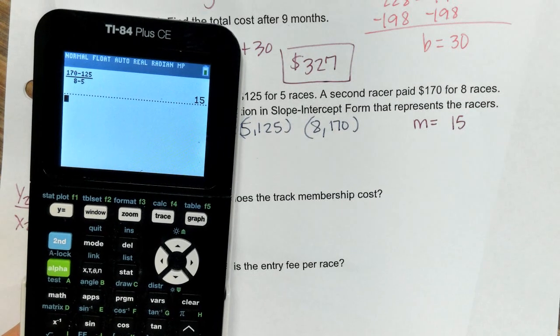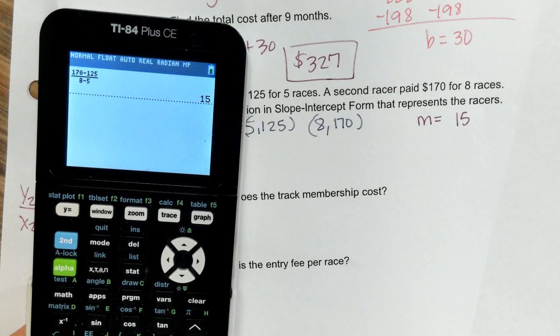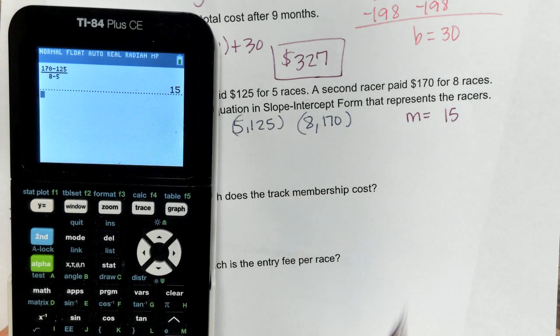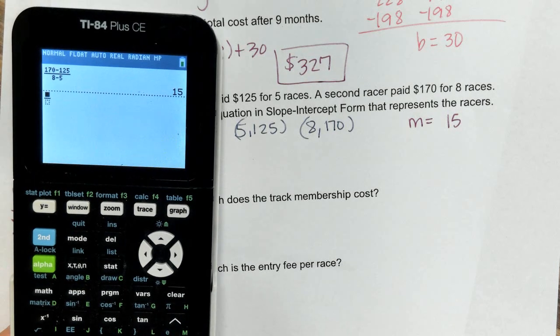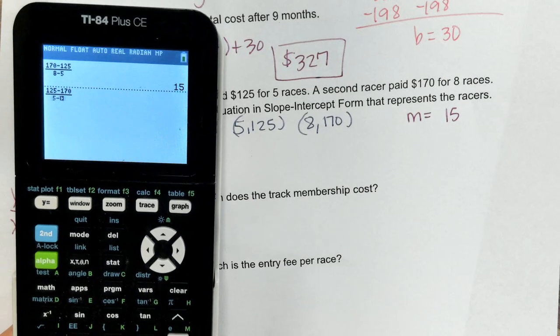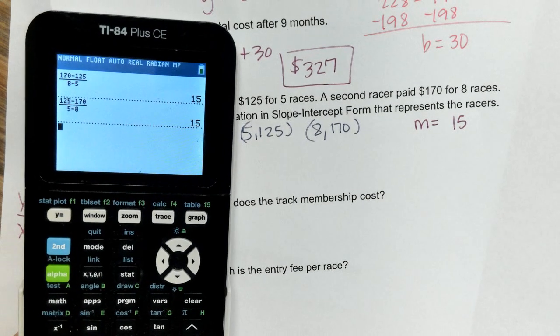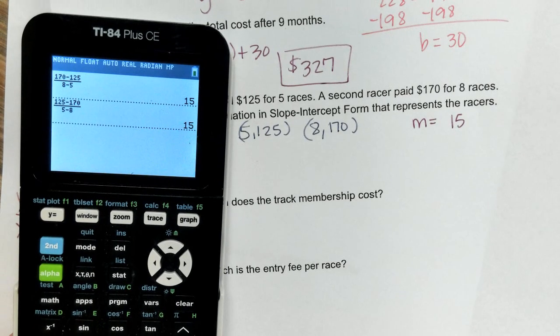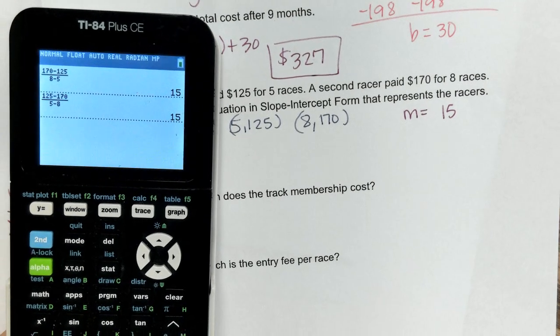If you had done it backwards, you would have gotten the same thing. If you had done this one first, like 125 minus 170 over 5 minus 8, you're going to get the same answer, because it'd be a negative over a negative.